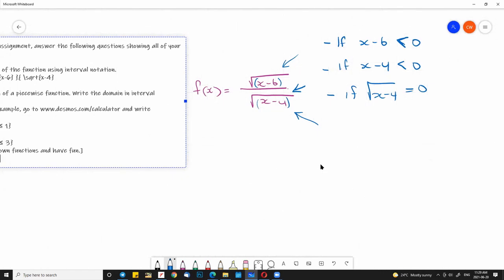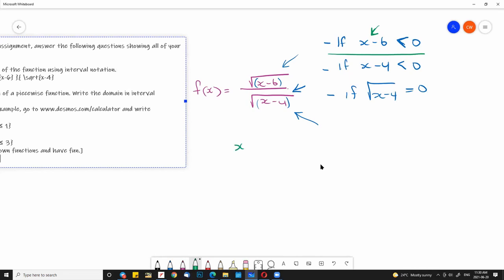Let's look at the first one. If x minus 6 is less than 0, the only way this can happen is if x is less than 6, right? So x cannot be less than 6. X has to be 6 or more according to this one, right?